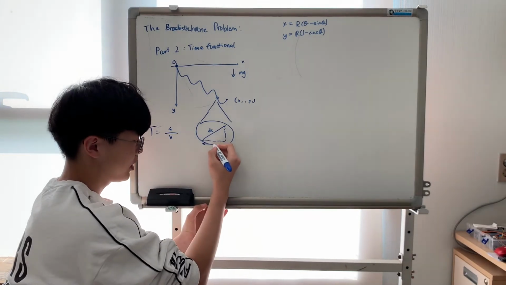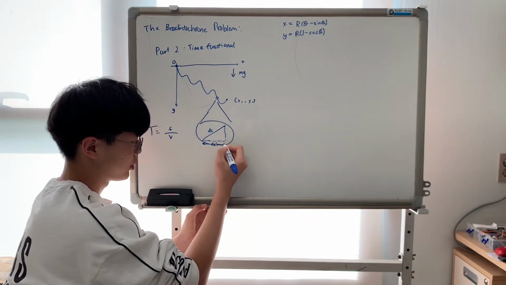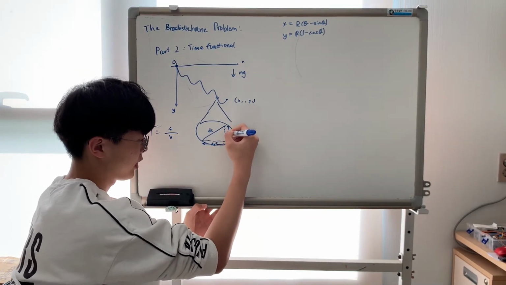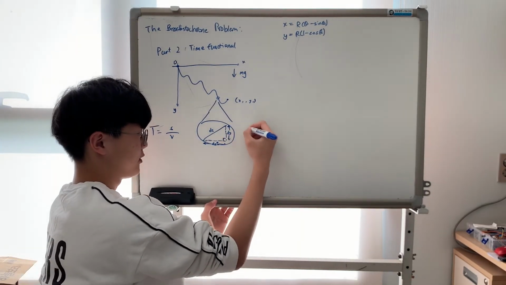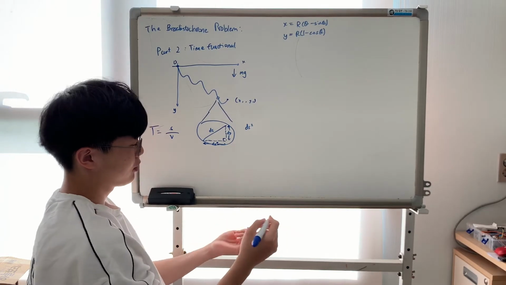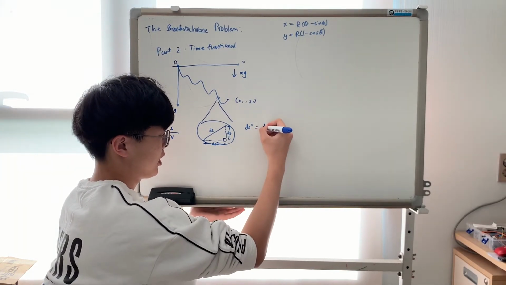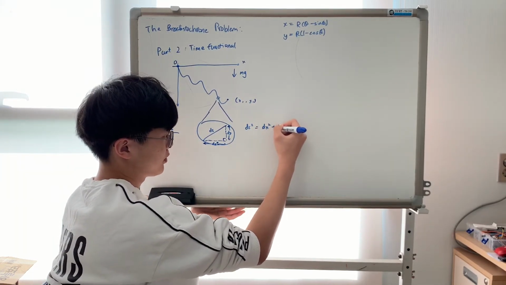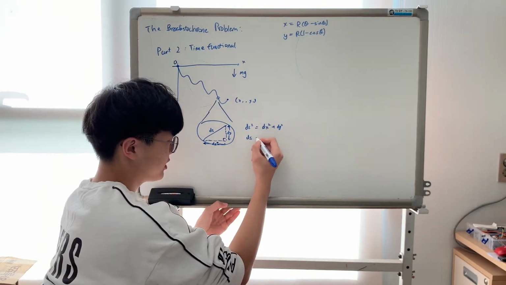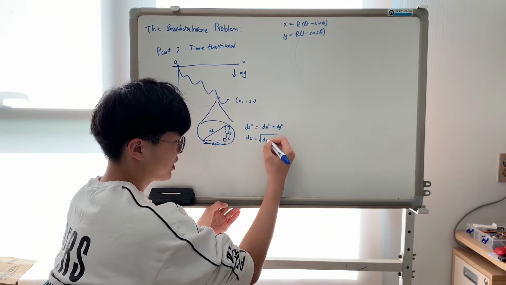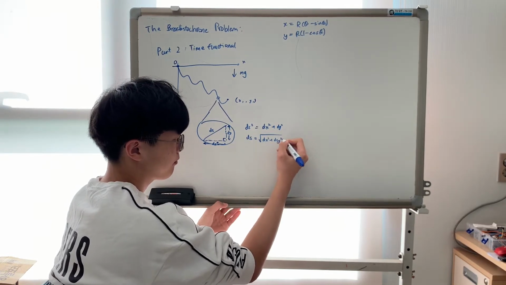We could divide it into two components, dx and dy, and due to Pythagoras' theorem, we get ds squared is equal to dx squared plus dy squared. Then we could say that ds is equal to the square root of dx squared plus dy squared.